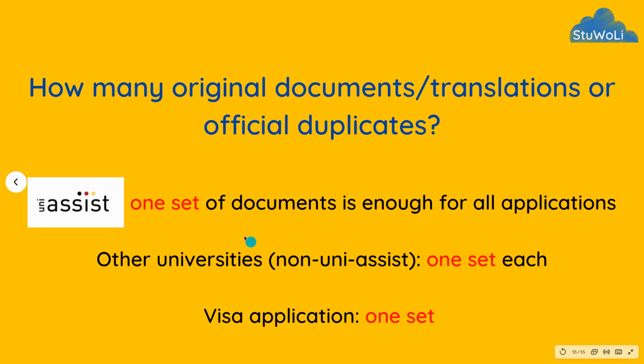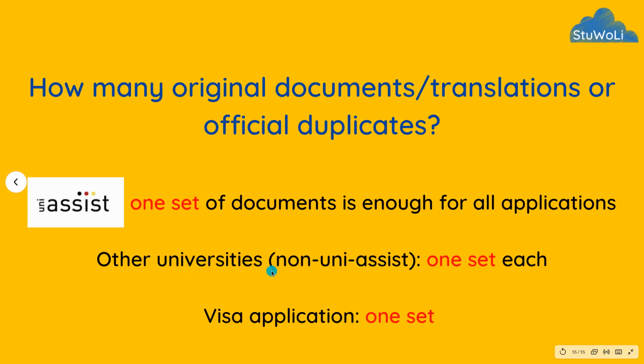If you want to apply for other universities which are non-UniAssist members, so their application does not run through UniAssist, then they usually also ask for one extra set each, so to speak. So let's say you want to apply for 3 universities through UniAssist, then you need one set for them.